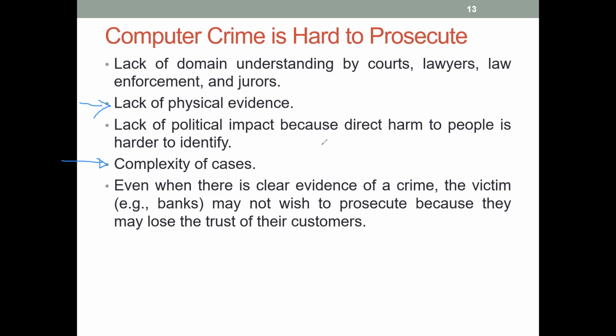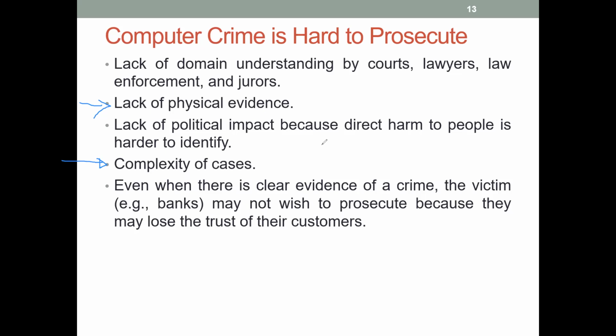It's a very complex situation when a computer crime happens, right? Sometimes, what will happen if a computer crime happens in an organization, some hackers intrude the system and destroy the database, right? That organization does not release or share those attacks with the public. If they share that information, the image and reputation of that organization is broken, right?